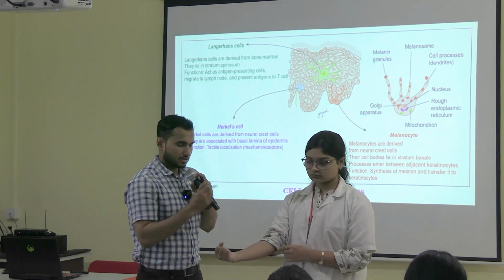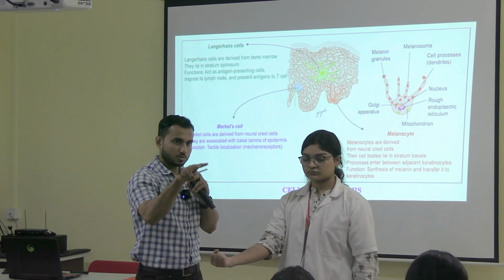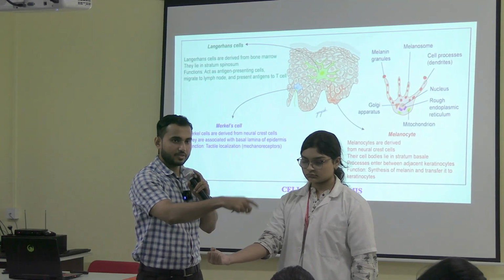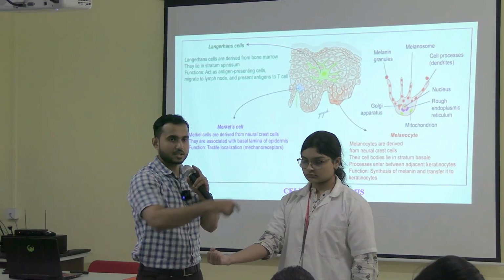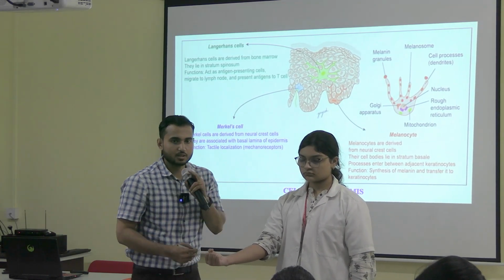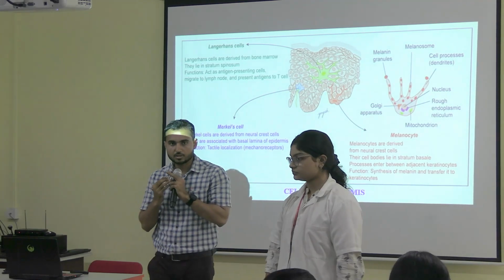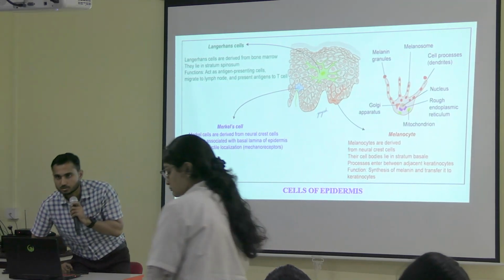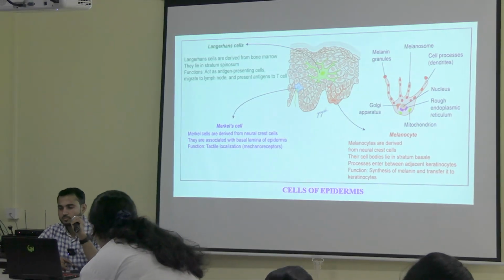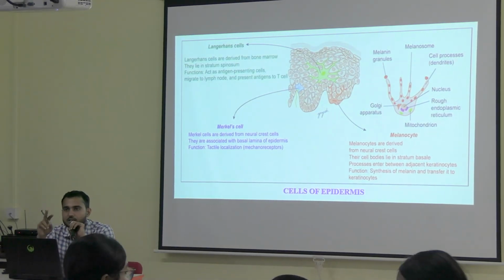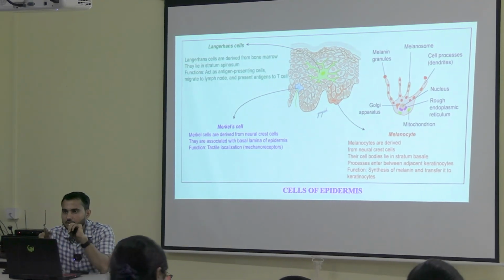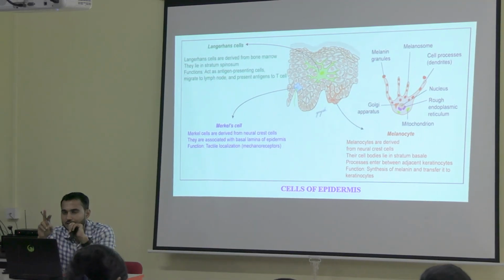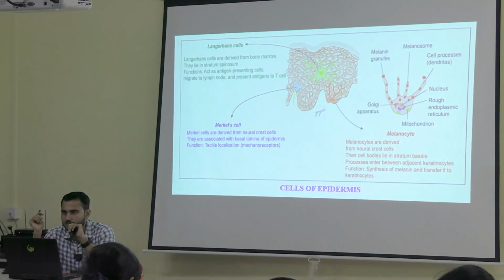Even if I prick with two objects, she can feel where I have pricked, though her eyes are closed. That is called tactile localization. I know you have studied all this in physiology. For that, mechanoreceptors are helping, and that is done by the Merkel cells.